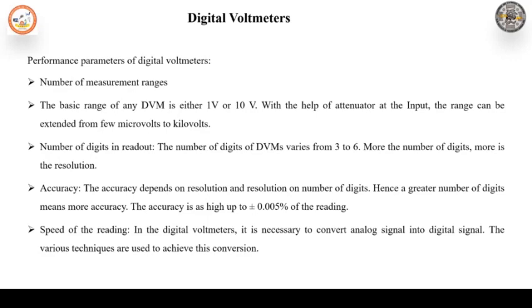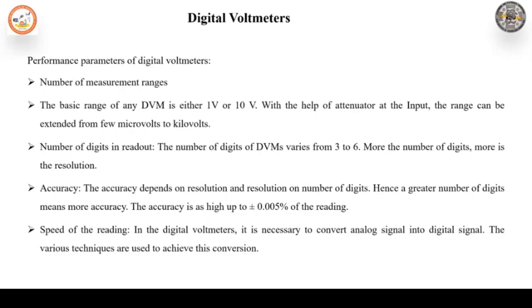Such voltmeters can be used to measure AC and DC voltages and also quantities like pressure, temperature, stress, etc., using a proper transducer and signal conditioning circuit.